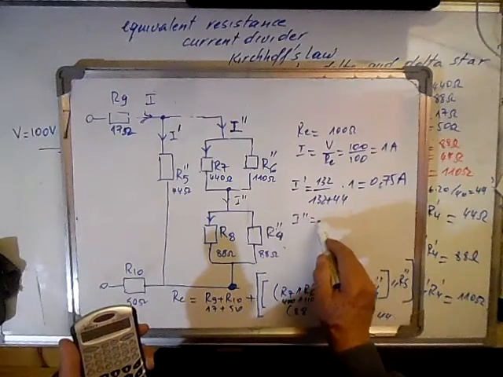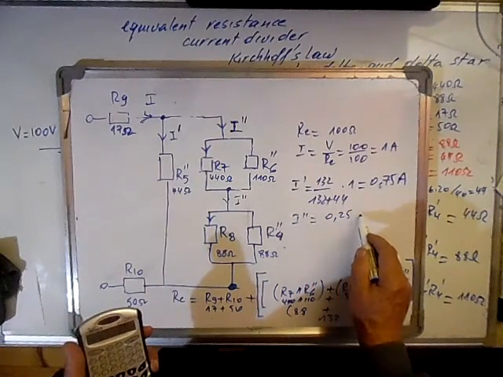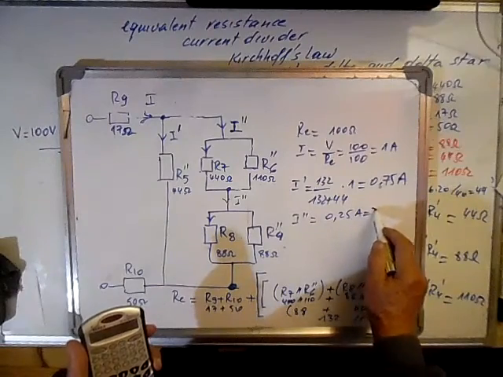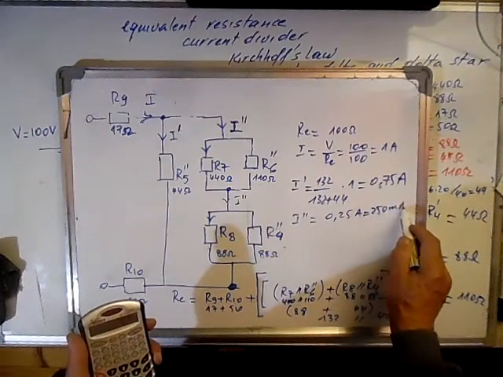I2 prime is equal to 0.25 amps or 250 milliamps.